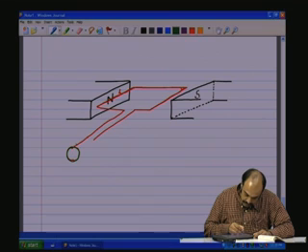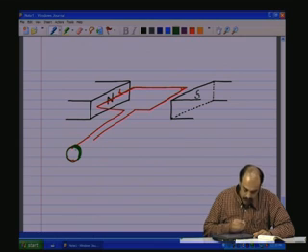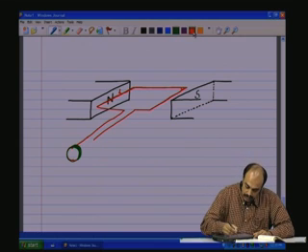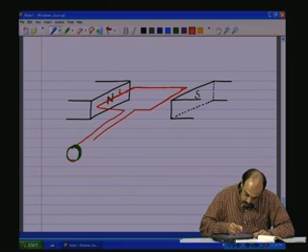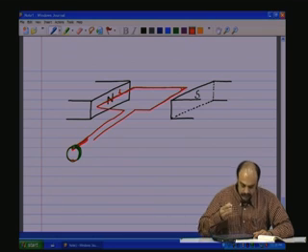So, let us say I have a ring like this, and let us solder this wire onto that. Okay, it is soldered.